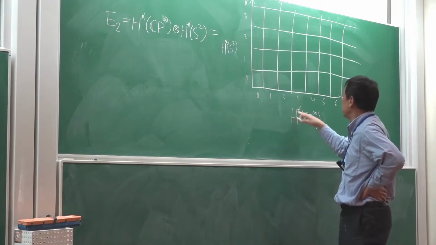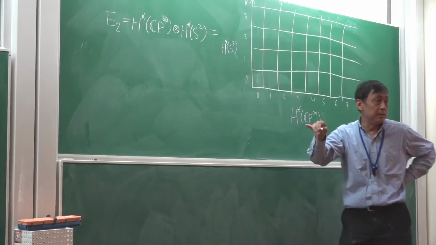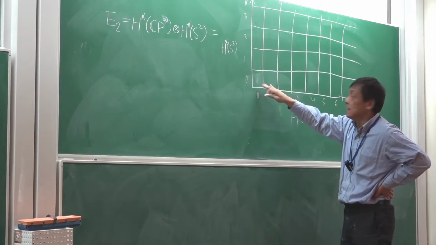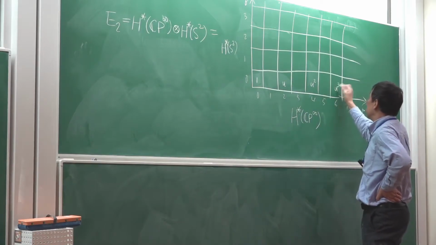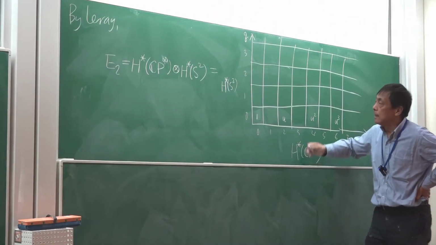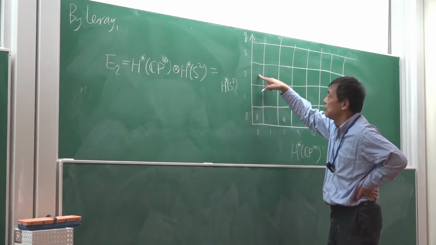The bottom row I'm just going to write down the generators. That means it's Z times 1, and then here is U squared, U cubed. The cohomology of S2 has one generator in dimension 2.